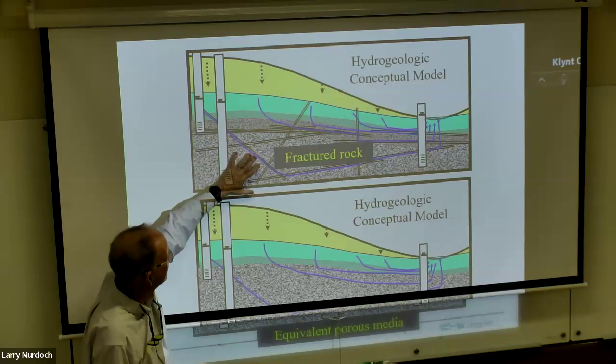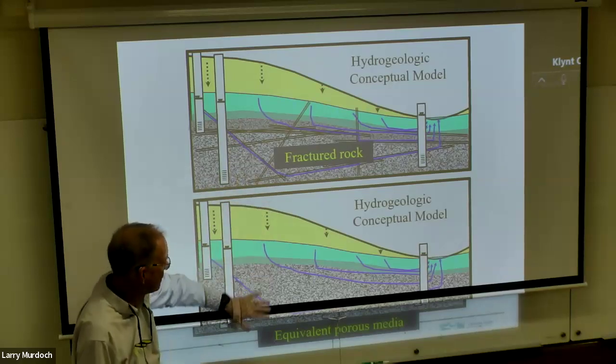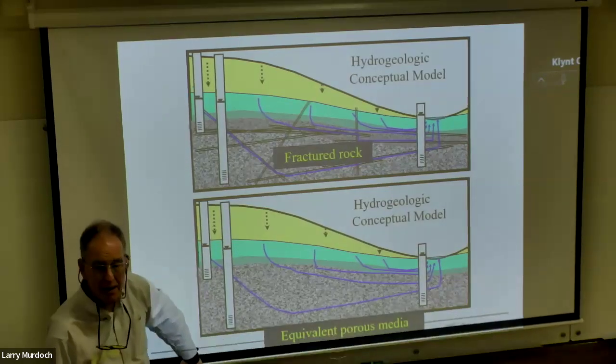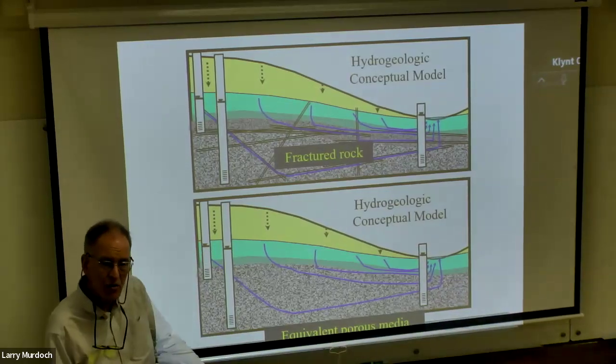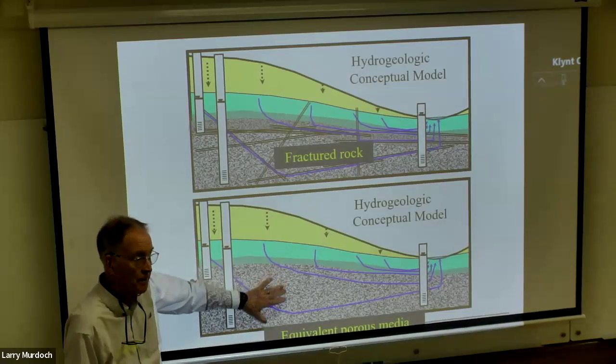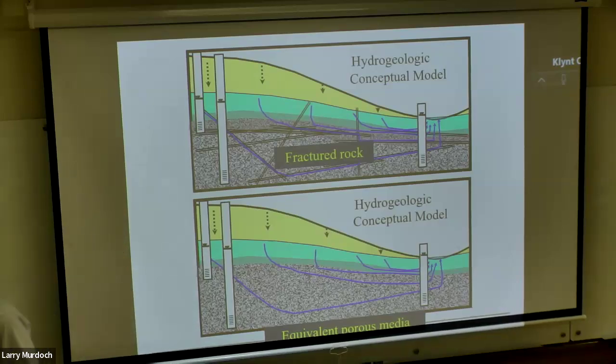But what it means is that we can represent it in an average sense like this. So we just forget about the fractures and we use equivalent porous media properties to represent it. So that'll be good because that means we can do simulations of the setting around here, the Piedmont setting, the fractured rock, transition zone, saprolite like we have around here, which we'll be doing here soon.